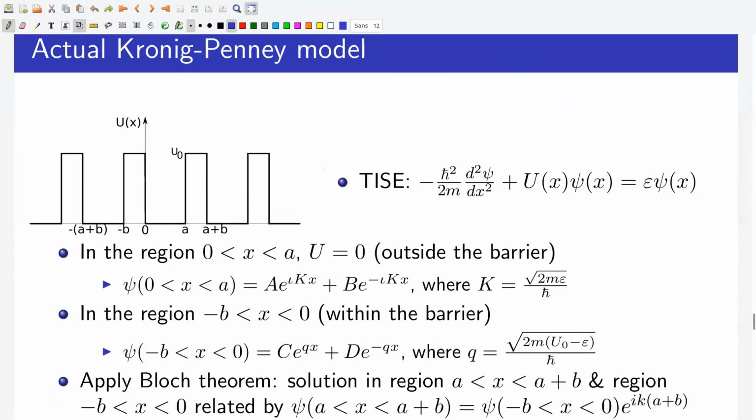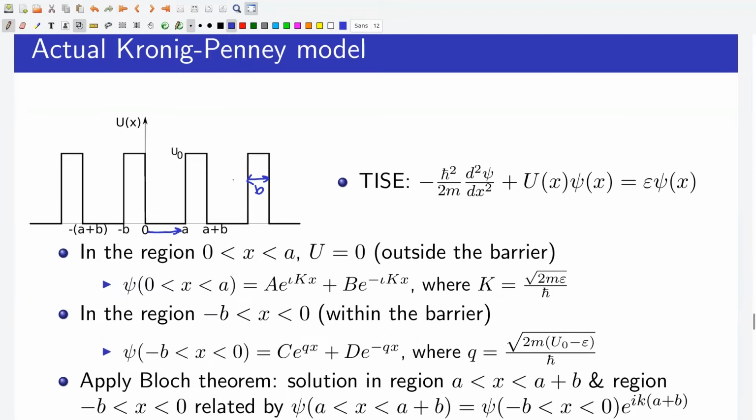For mathematical convenience, we have used the Dirac delta type potential so far. However, the actual Kronig-Penney model uses periodic potential barriers of finite width, not the Dirac delta type of potential. As shown here, the barriers have a width of b, and a is the lattice translation vector.